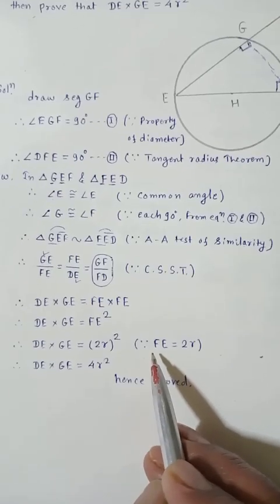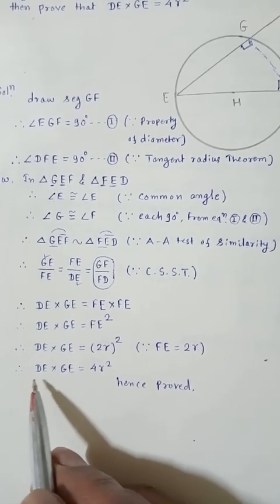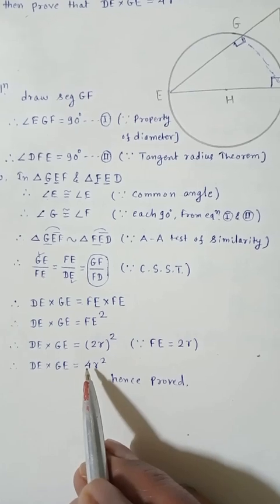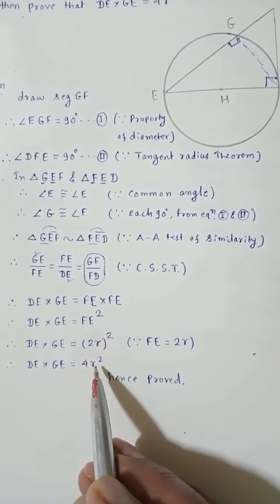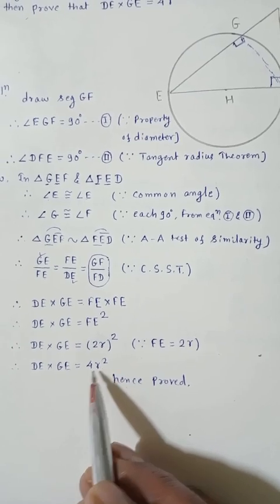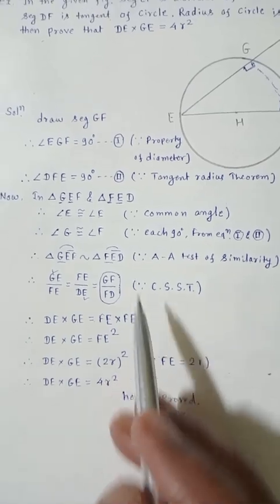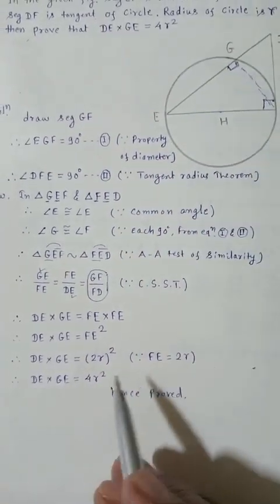Reason is FE is equal to 2R. Therefore, D into G is equal to the square of 2R, that is 4R square.